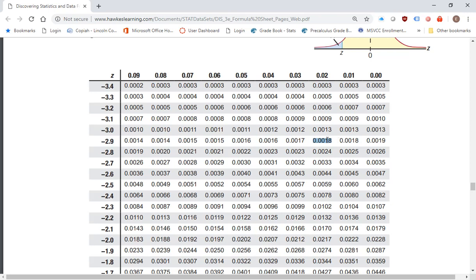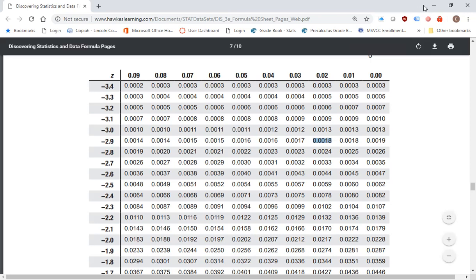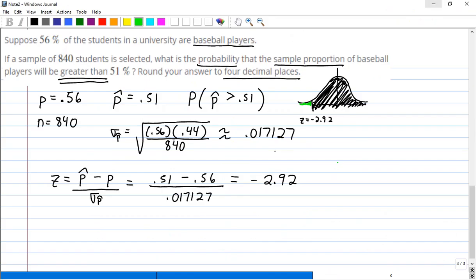So that is a super, super small number. So to find my answer though, I want the area on the right. So I say 1 minus 0.0018. And what's that equal to? 0.9982. So that's what I need to put in for my answer.